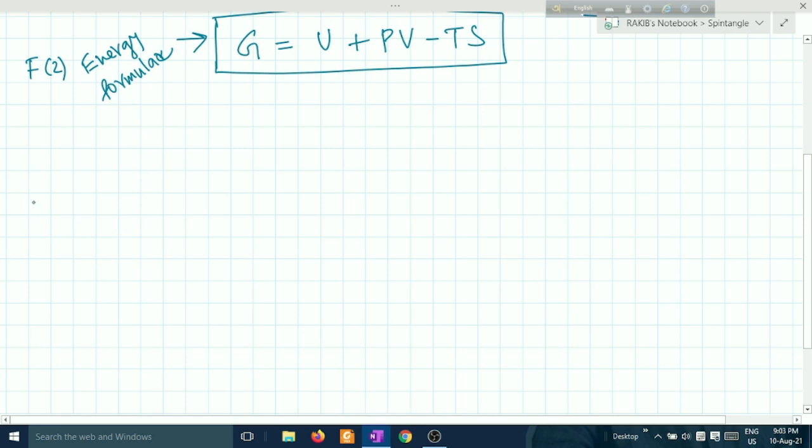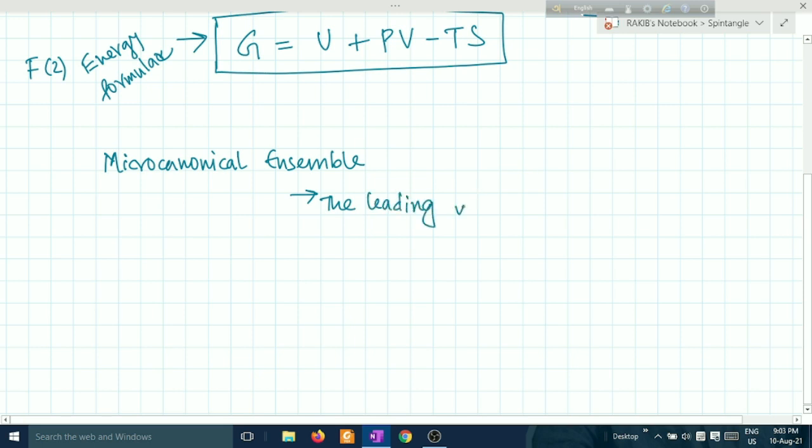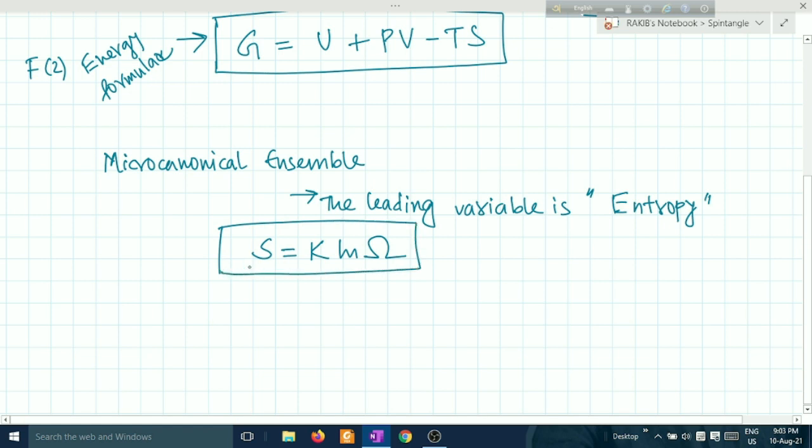So let's start. We know in the microcanonical ensemble, the leading variable is entropy. Entropy is given by S equals k ln omega. This is what we call the entropy.